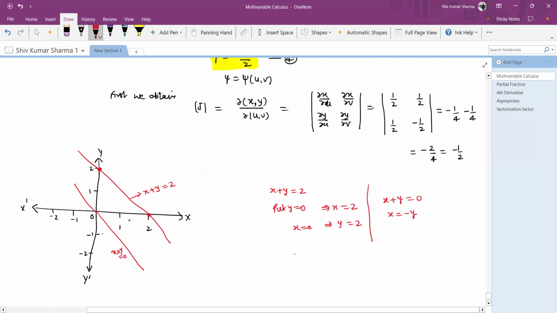Put x equal to 0, y equal to minus 2, or y equal to 0, x equal to 2. So y equal to minus 2 is here, and x equal to plus 2 is here. So we join these.